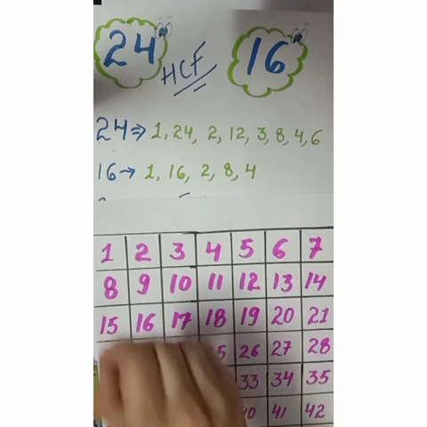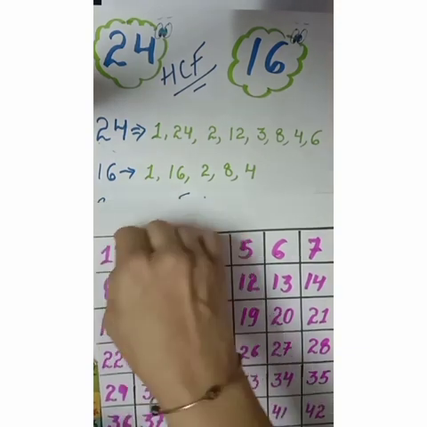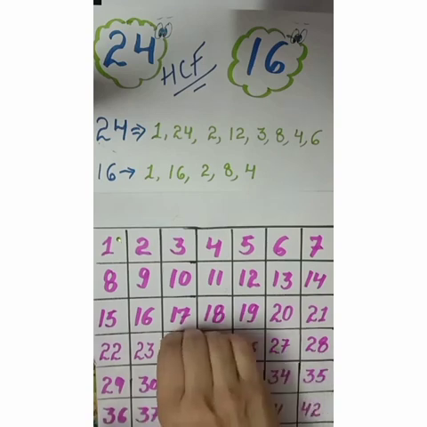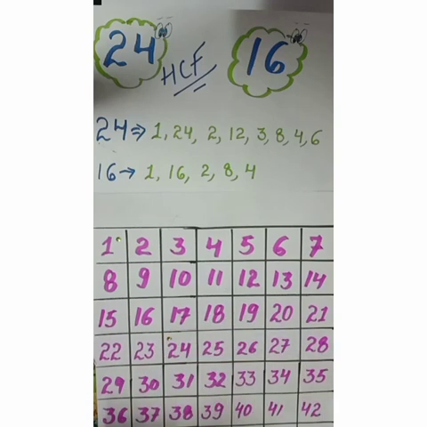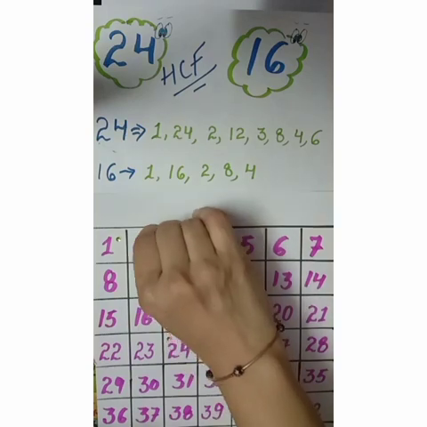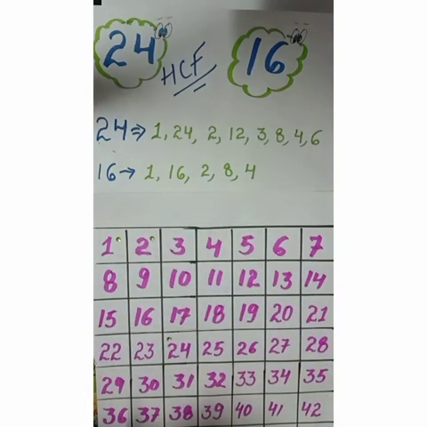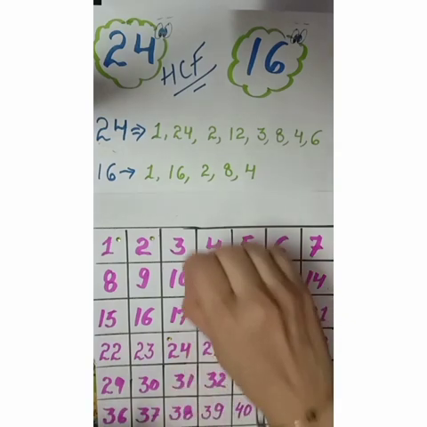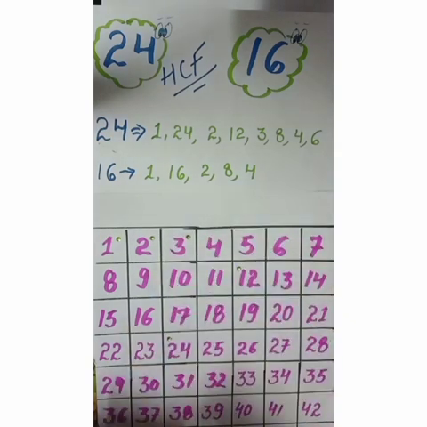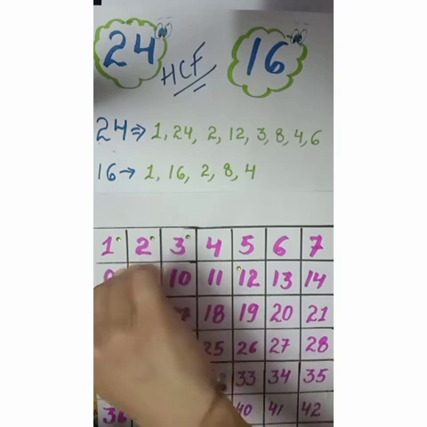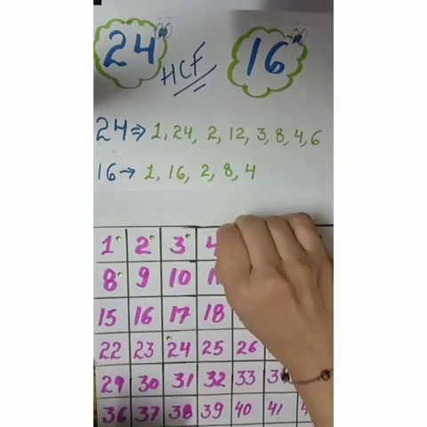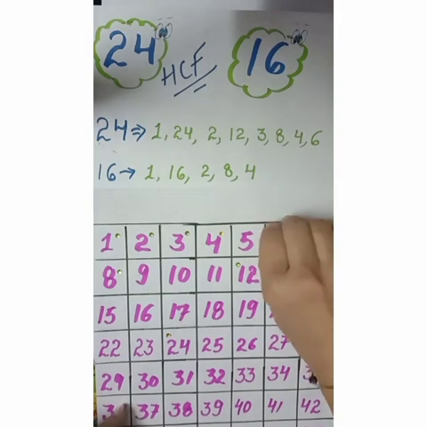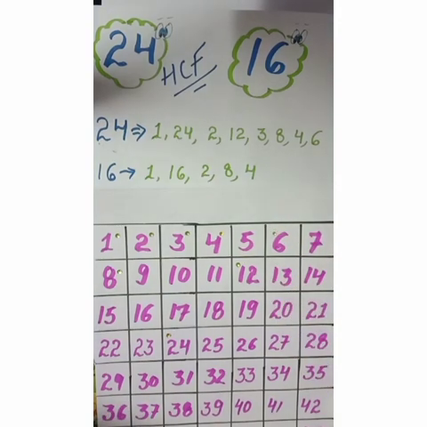So they put one dot on 1, then on the next factor, 24. Next factors 2 and 12, one dot on 2 and one on 12. Next are 3, 8, 4, 6, one dot on each of 3, 8, 4 and 6. Like that, 24 showed all its factors by putting dots.